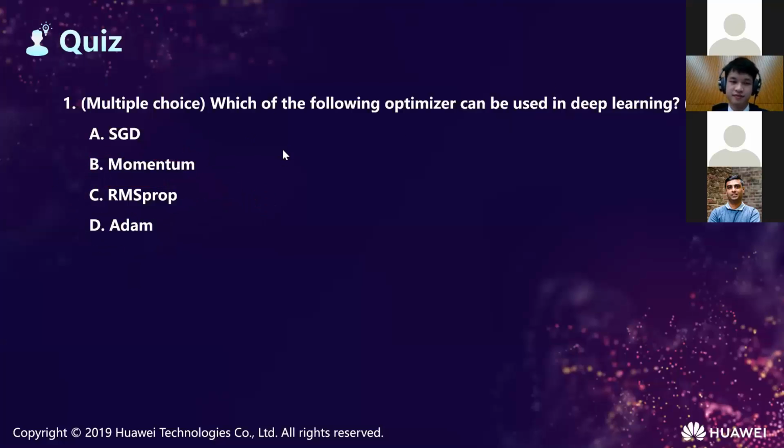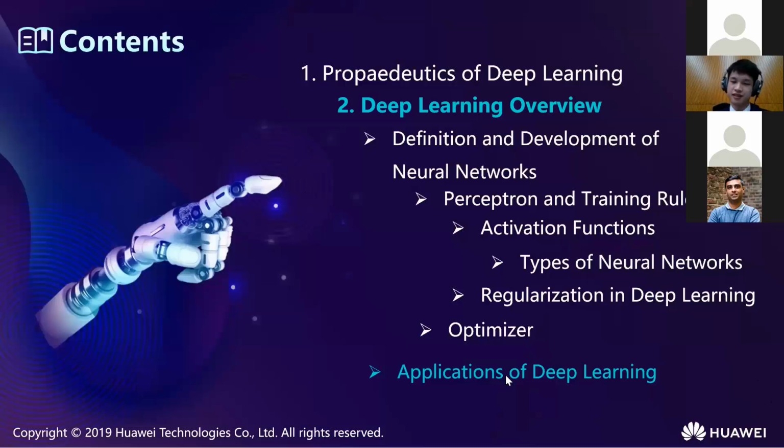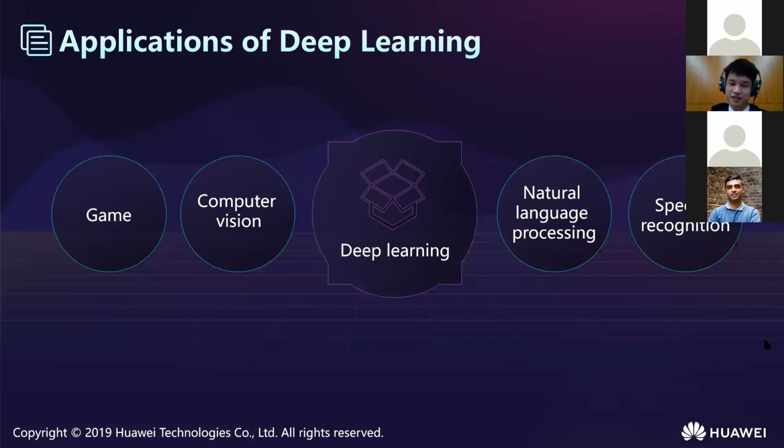So all of them. And finally, I will briefly introduce the applications. Actually, I introduced them on the first day. We can use deep learning in games, such as AlphaGo, and in computer vision. We can use a convolutional neural network in computer vision, such as face recognition, and in NLP, we can use RNN or transformer.